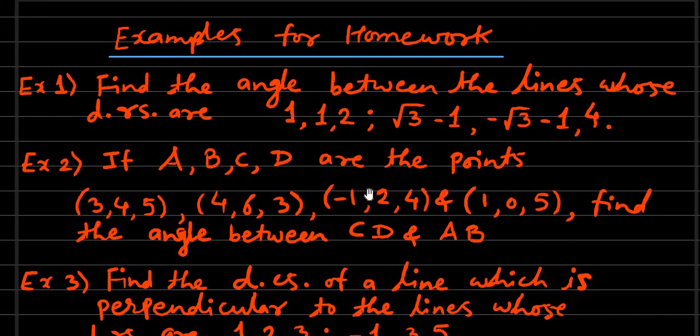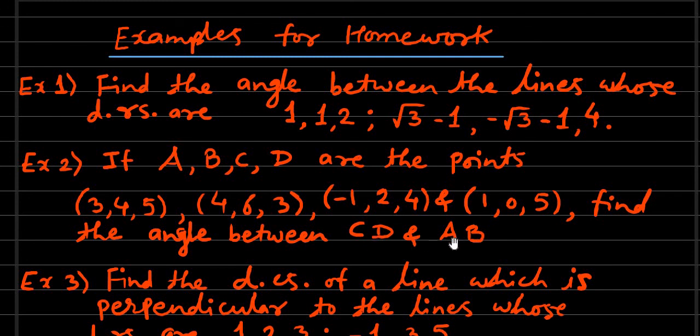So first of all you have to find the direction ratios of line CD and also the direction ratios of line AB. Direction ratios of the line CD will be the difference of their coordinates, which will be 1 minus of minus 1, means 1 plus 1, 2, then 0 minus 2 means minus 2 and 5 minus 4 is 1. So 2, minus 2 and 1 are the direction ratios of line CD.